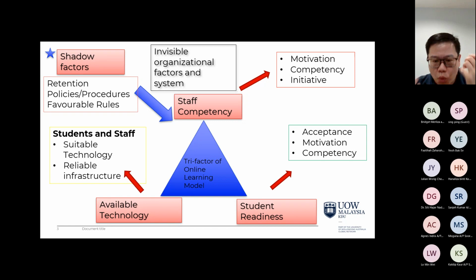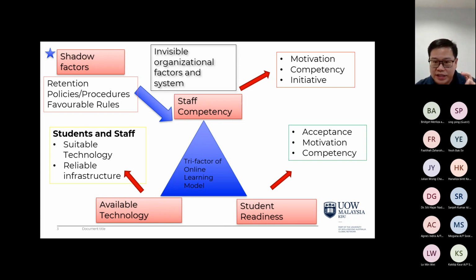Even for an intelligent student, to be ready, this acceptance of readiness takes effort. It takes effort, ladies and gentlemen, because you're going to change the norm. You are going to change the normal way of doing things. That is why when students are not ready to learn, whatever you input into them, the absorption level will be very low.